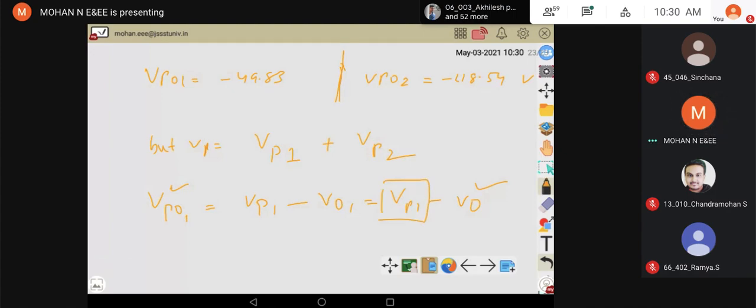VPO1 is equal to VP1 minus VO. Therefore, VP1 is equal to minus 49.83 plus 100, that is equal to 50.16.